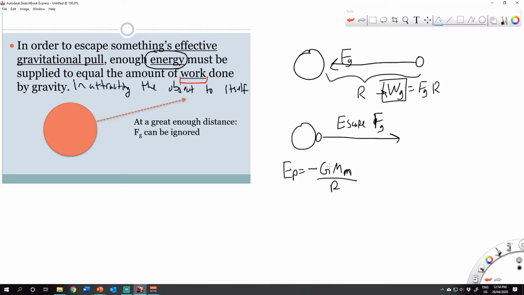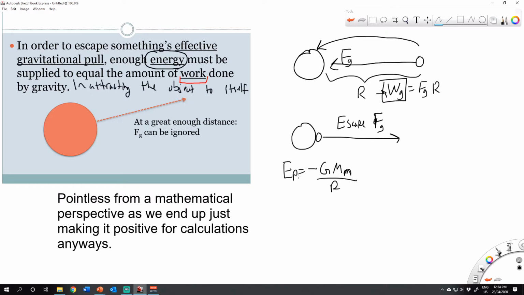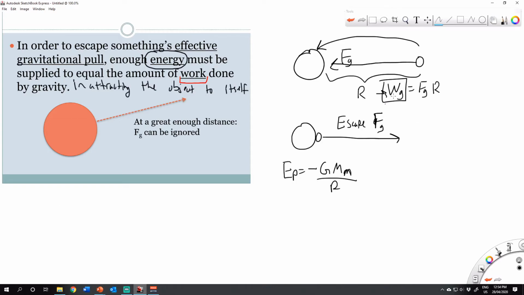The negative sign signifies that gravity did some work to drag the object to itself, so we have to supply the opposite amount of energy, I guess, to send it flying the other way. Okay? In reality, the negative sign is kind of pointless. It just shows us that this potential energy is kind of backwards from what we would normally expect. Anyways, in order to escape the force of gravity, I have to provide enough energy to overcome this quantity here, this potential energy that gravity did to drag it towards itself.